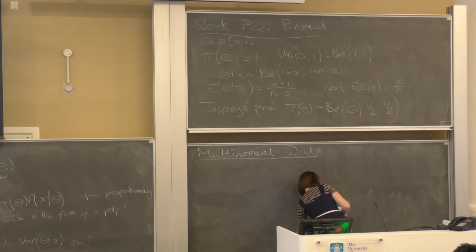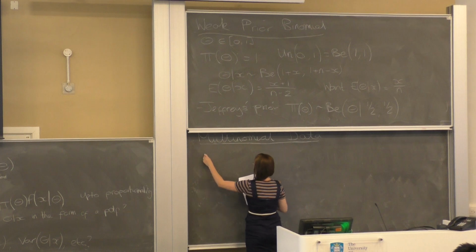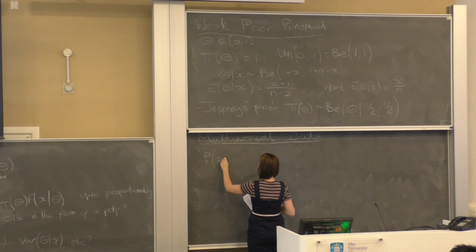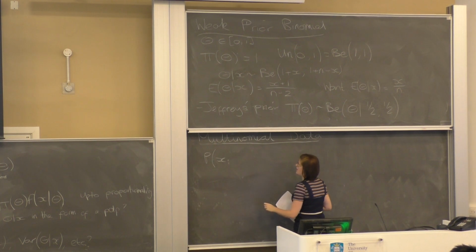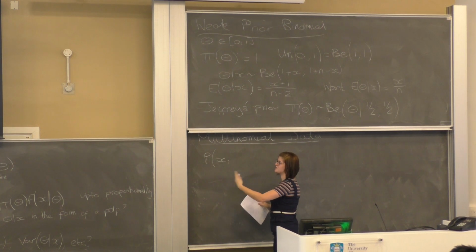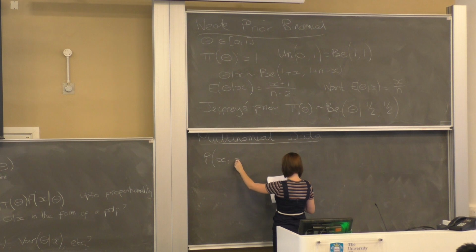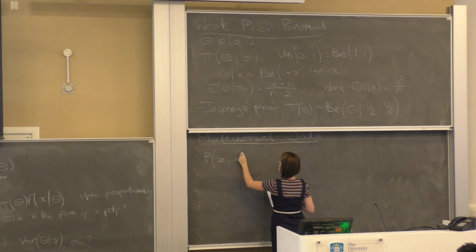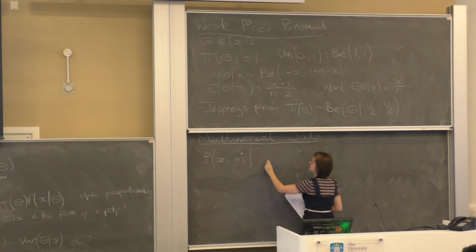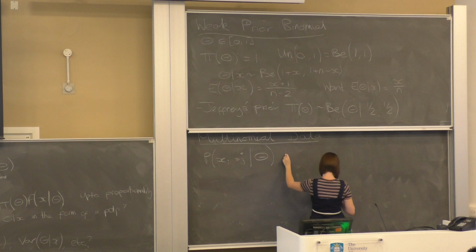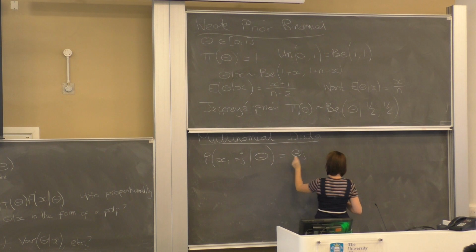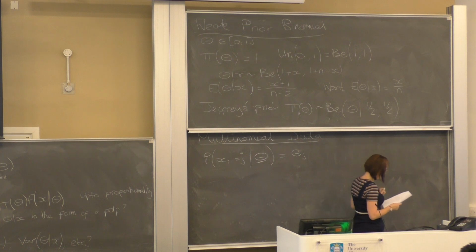So we now have this probability that our ith trial is equal to our jth outcome, given our parameter, and that's going to equal theta j.